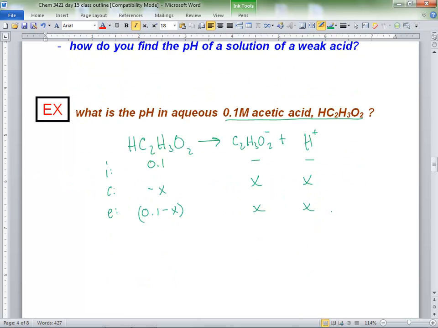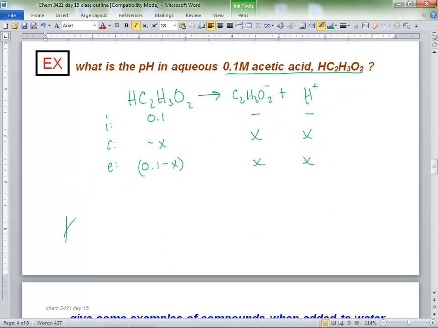So then I set up my equilibrium constant, Ka, would be what over what, Jessica? What would you put in there? X times X, perfect.